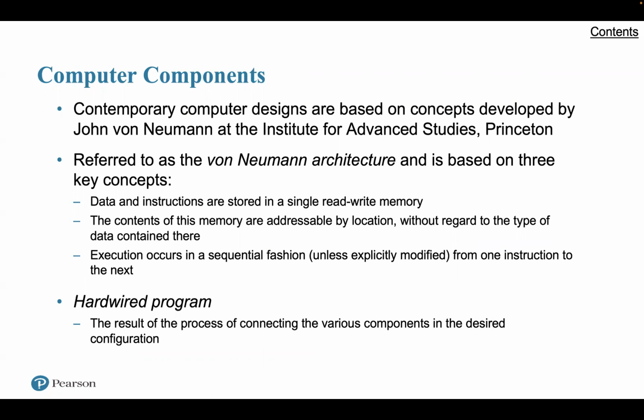But let's think about some concepts related to this. The data and instructions are stored in a single read-write memory. Number 2, the content of the memory are addressable by location without regard to the type of data contained there. And 3, the execution occurs in a sequential fashion from one instruction to the next.